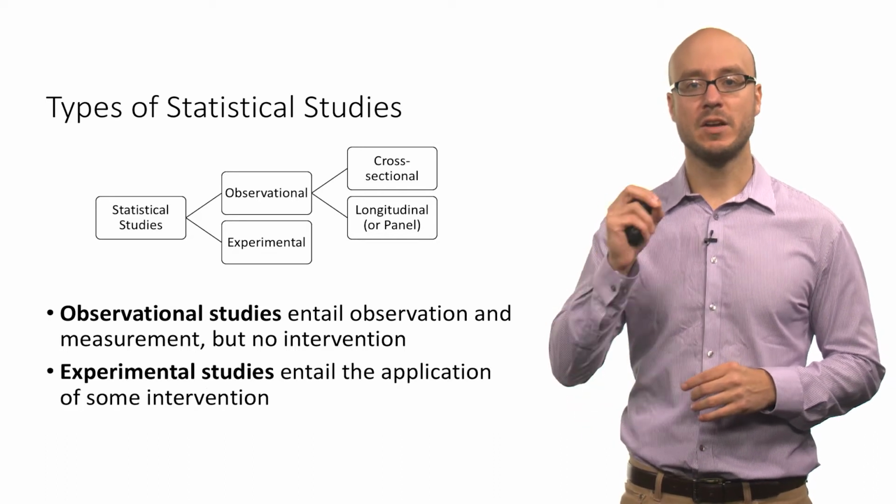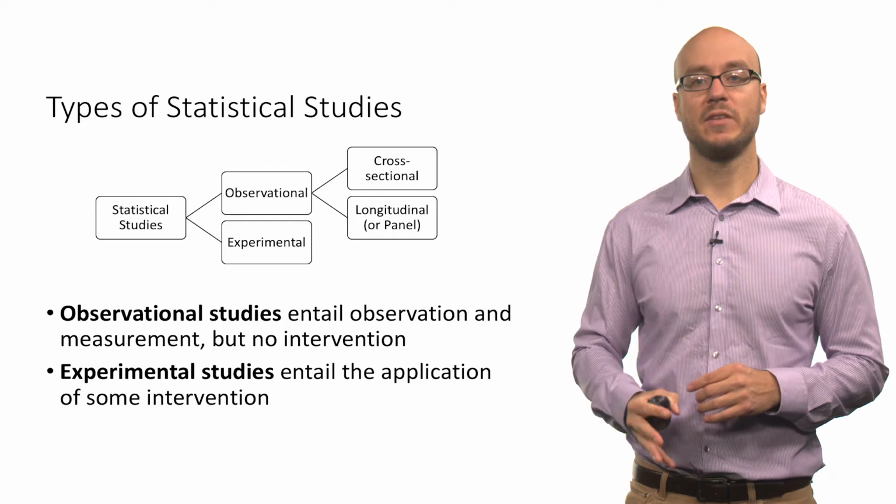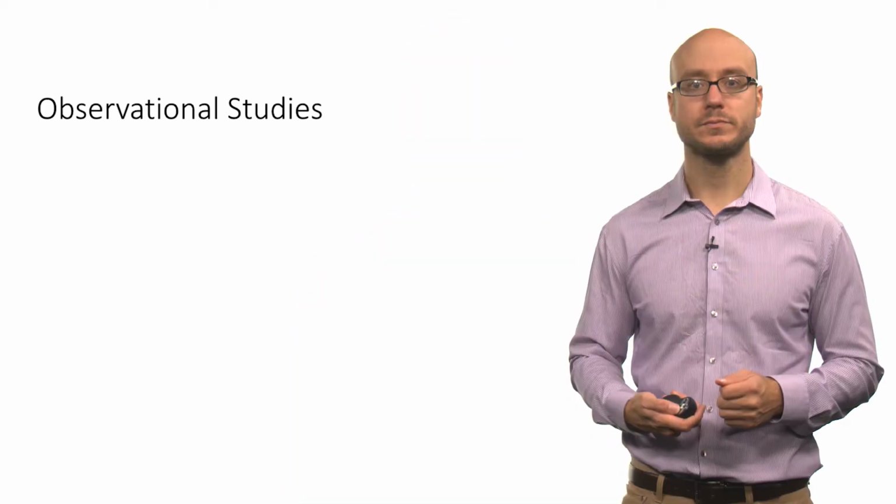Experimental studies, the goal is to apply some kind of intervention. So you might give people a pill versus people not receiving a pill. You might try to alter the conditions in which they live or how they live their lives. The point is that in experimental studies, you have some kind of intervention. In observational studies, you don't have an intervention.